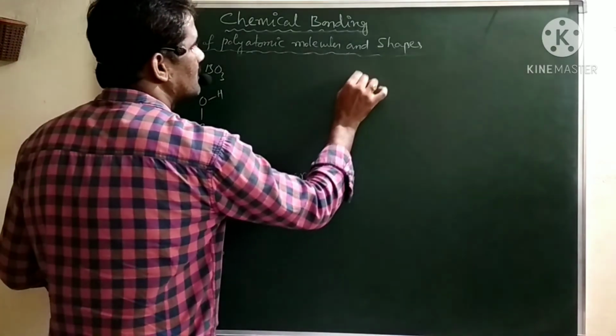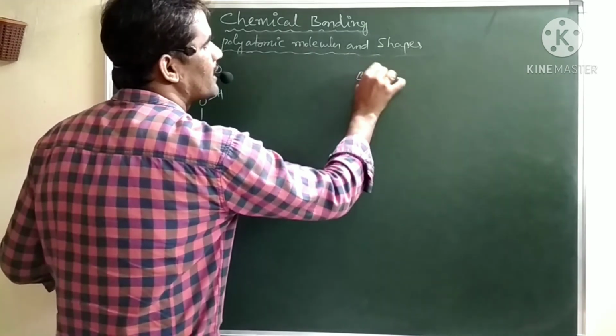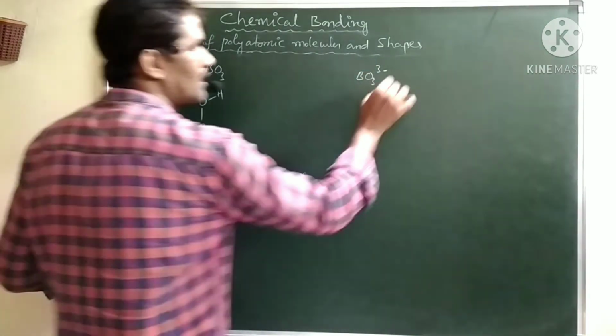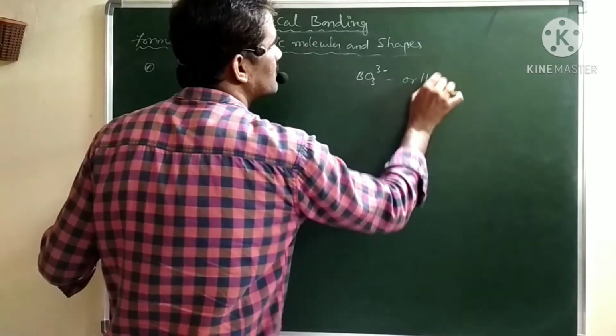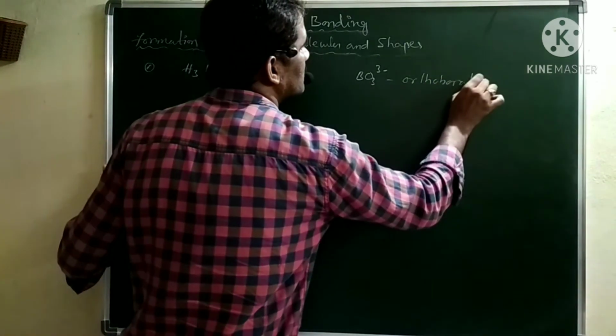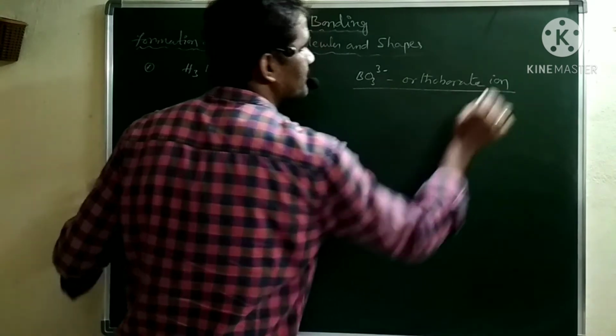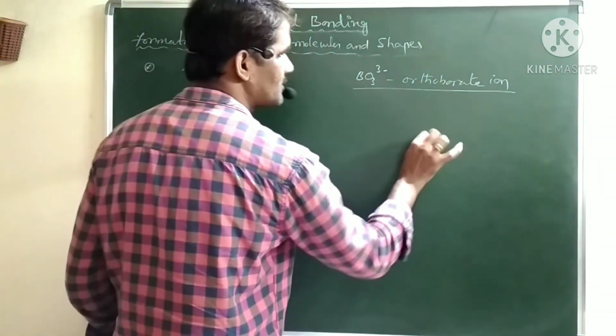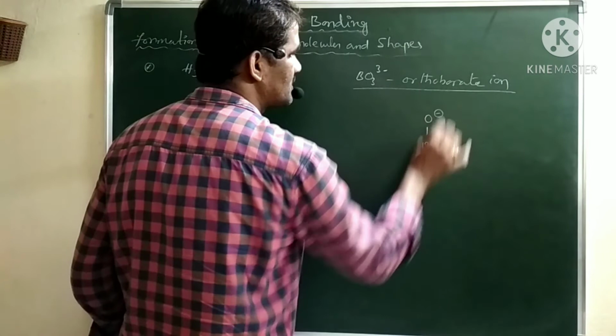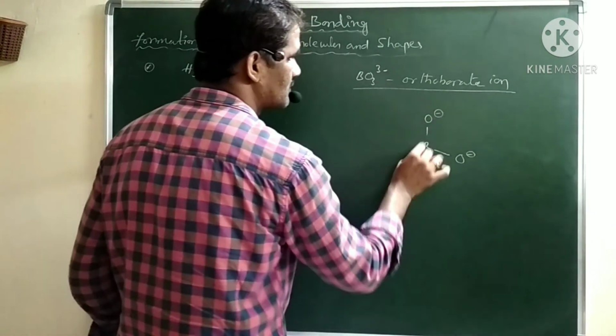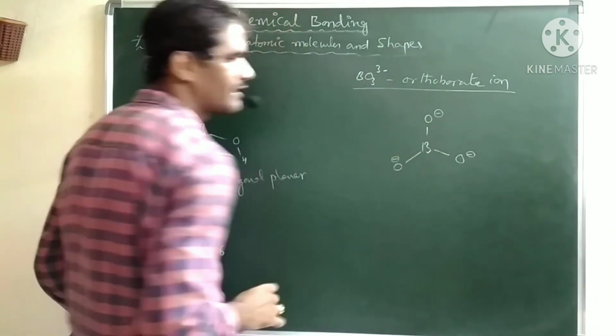Similarly, we have the BO3 3 minus. This is an orthoborate ion. The geometry here: we remove the hydrogens from the oxygen, and we will get a negative charge.